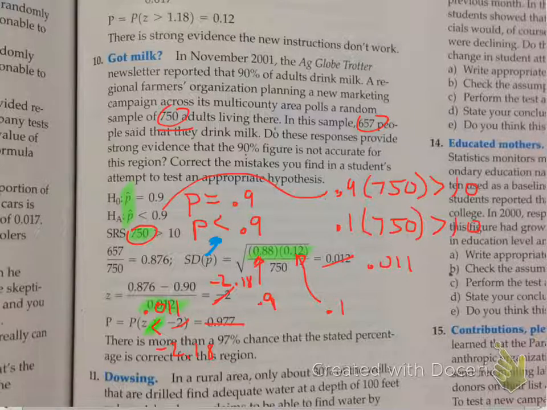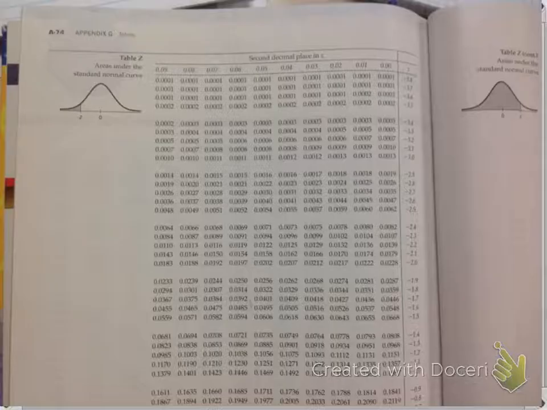Okay, so that's definitely not the correct p-value. Right? So the proportion of z-scores less than negative 2.18 is definitely not 0.977. So looking at our z-table, we'd find our negative 2.1 row and then come over to the 0.08 column.